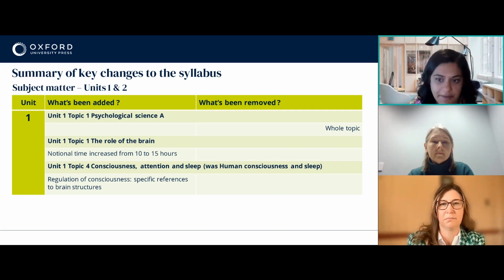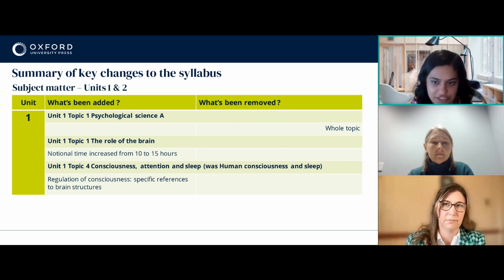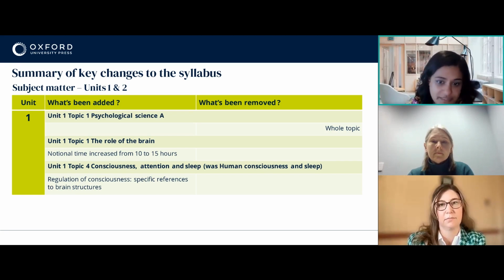So that's fantastic, because I'm not sure about you, but those psychological science topics didn't really help in terms of the depth in which we needed to teach them. And the reference to studies have moved from the science understanding to science as a human endeavor. And we found that cognitive development hasn't really changed all that much.